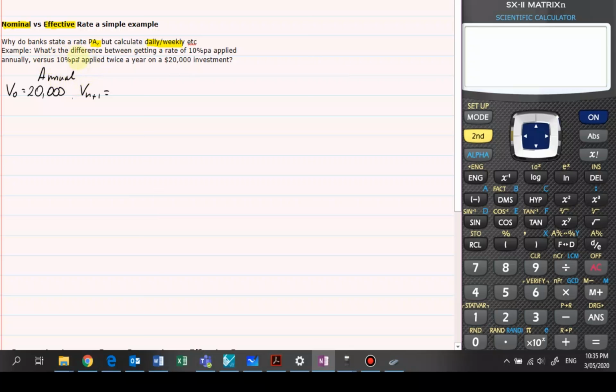We've got 10% applied annually, so it's just applied the one time. So 1.1 times Vn. We're looking for what we have as an investment after a year, so we're just going to do it for 1 year. Same amount of time for both. So V0 plus 1 is equal to 1.1 times $20,000.